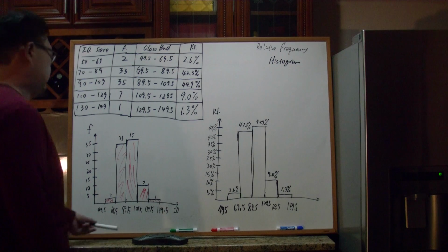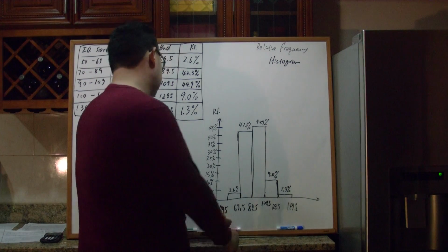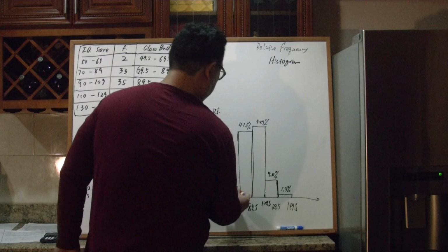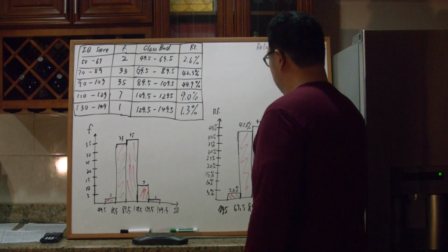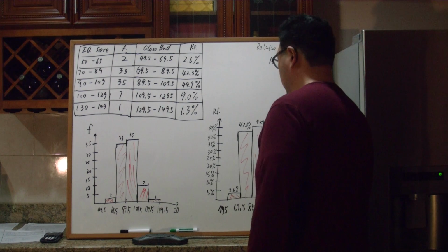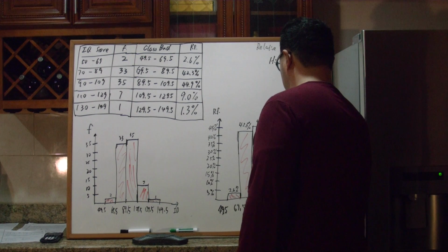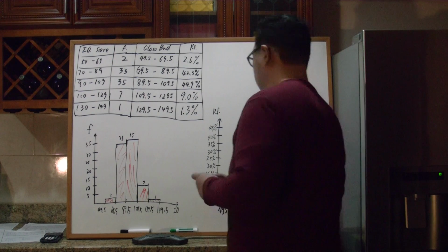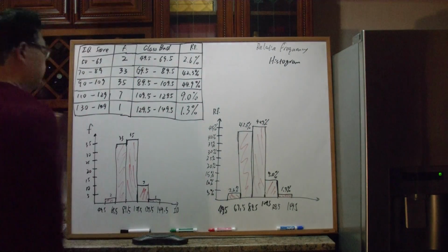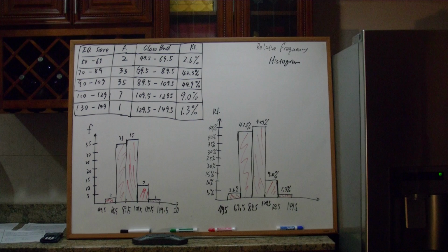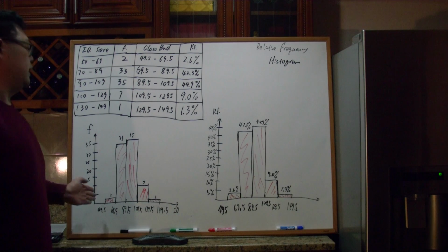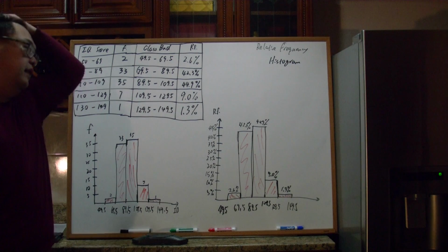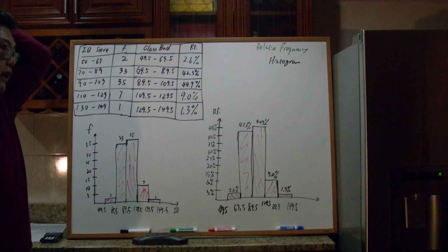Then afterwards we could shade the graph. I shade it. And pretty much we get the same shape of the curve. IQ score on the horizontal scale, frequency either as individual or as relative. Doesn't matter which one it is.